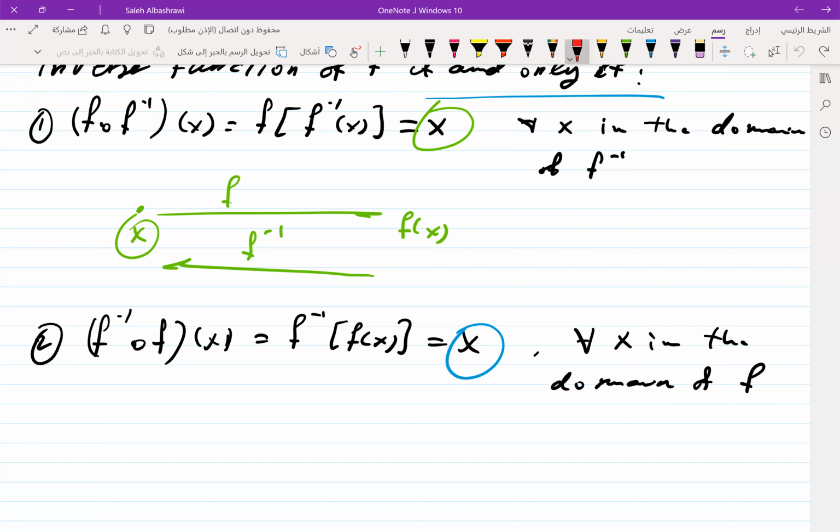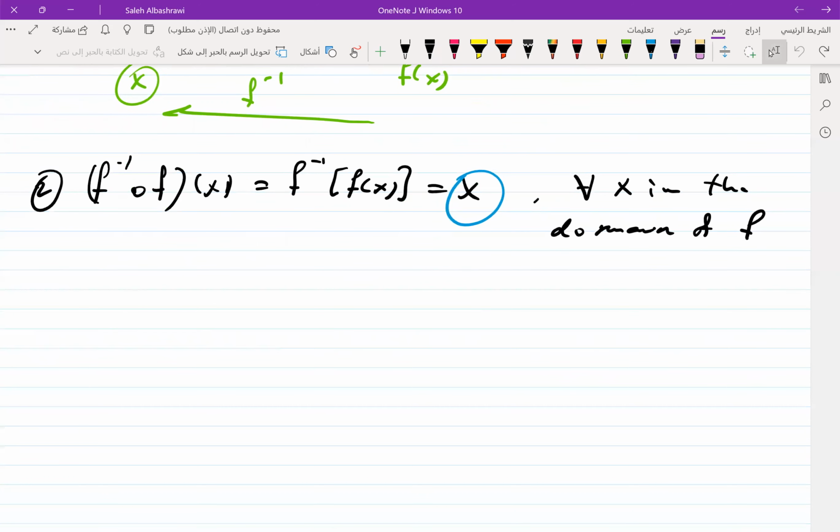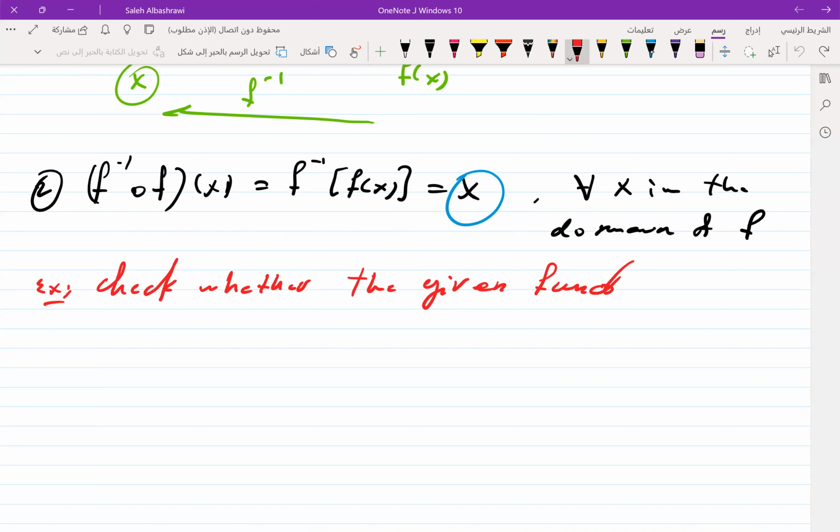For example, check whether the given functions are inverses of each other or not.